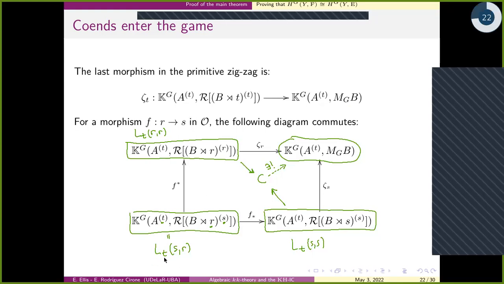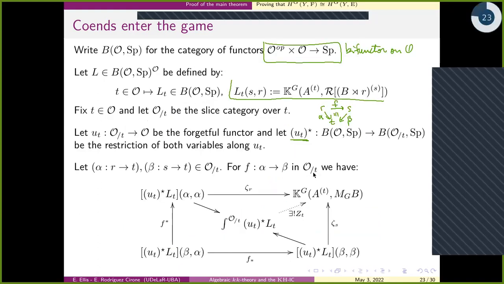What we are doing is restricting this bifunctor L_T to the slice category over T. So we can take the coend of that, and there will be a unique morphism from the coend into this thing, a morphism that we will denote zeta_T.